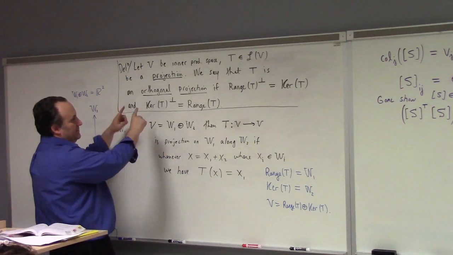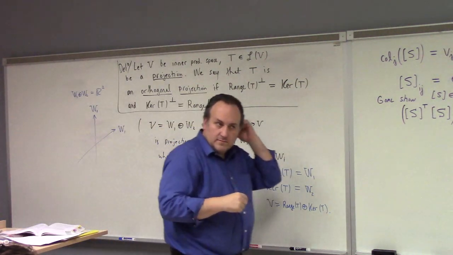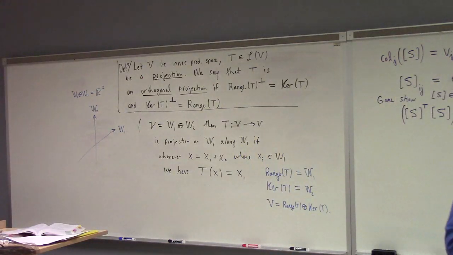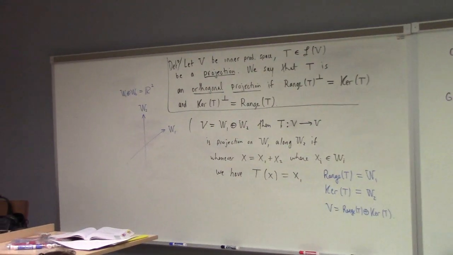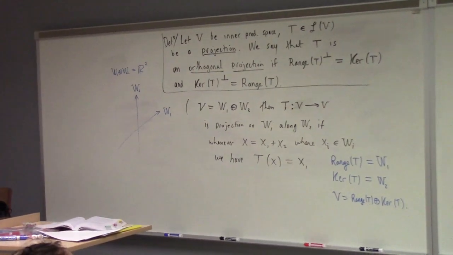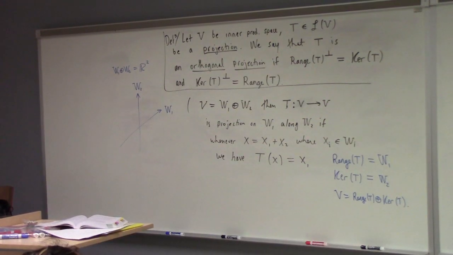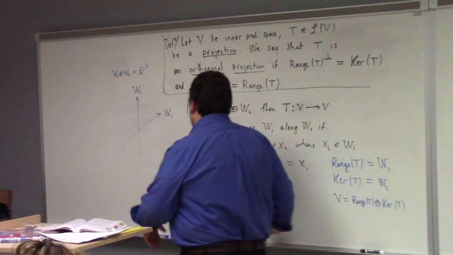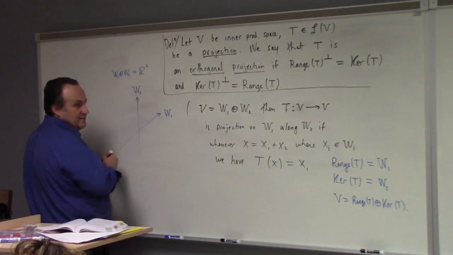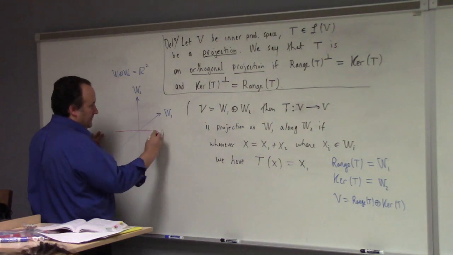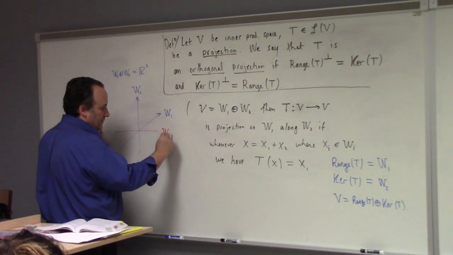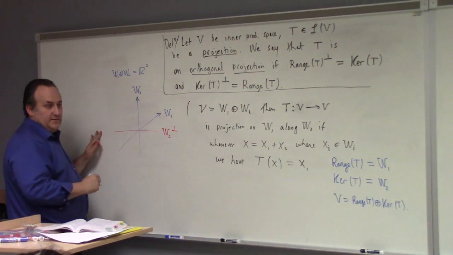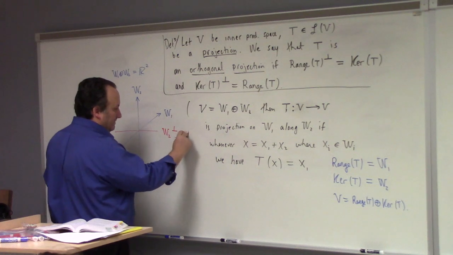However, it's not like this. You guys see there, right? What's the orthogonal complement? They're not the same as W1 and W2. The orthogonal complement, with respect to the usual Euclidean dot product, here is W2 perp. It's not equal to W1.